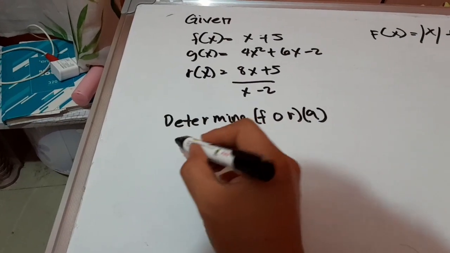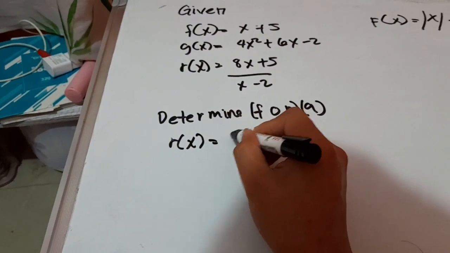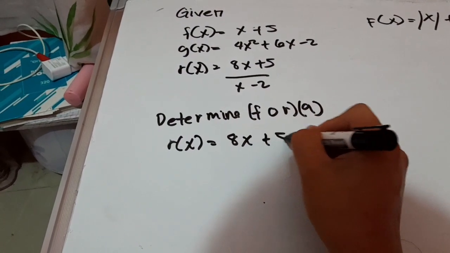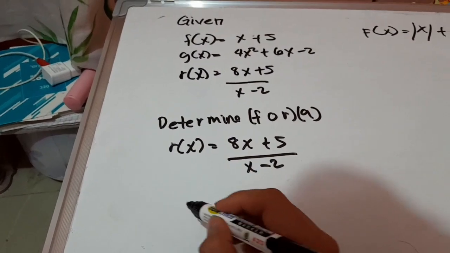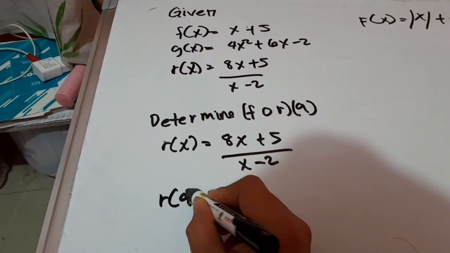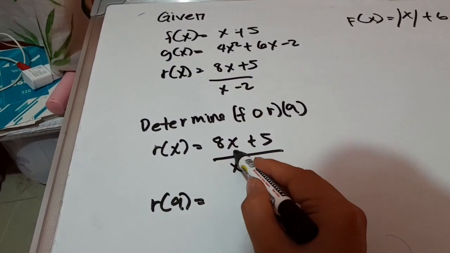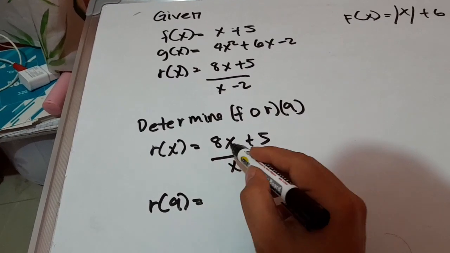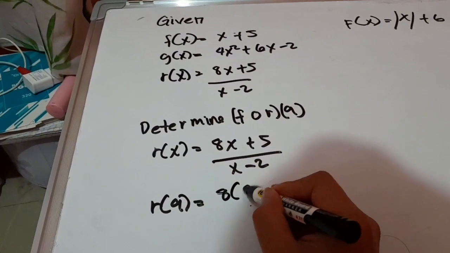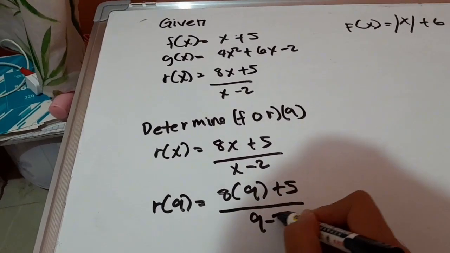The r of x here is r of x equals 8x plus 5 divided by x minus 2. So r of 9 equals, let us substitute the value of x. So lagay natin itong 9 dito. So 8 times 9 plus 5 over 9 minus 2.